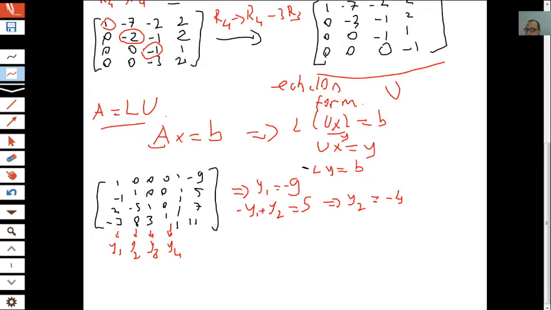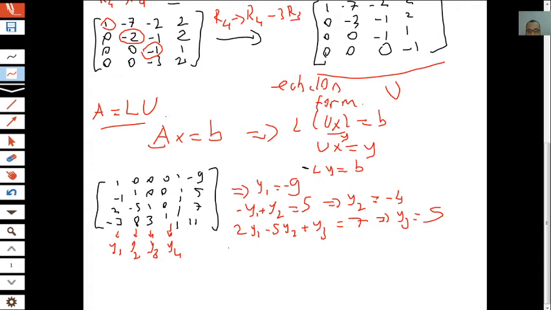And from the third row we have 2 y1 minus 5 y2 plus y3 is equal to 7. So from here y3 is found as 5, writing minus 9 and minus 4 in this equation.